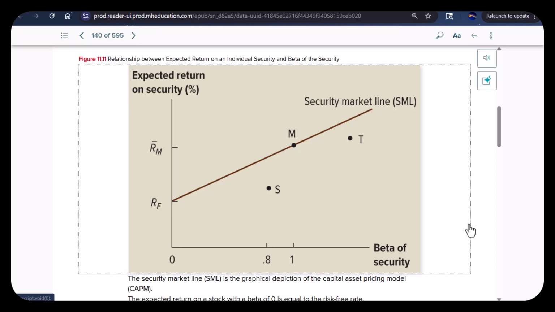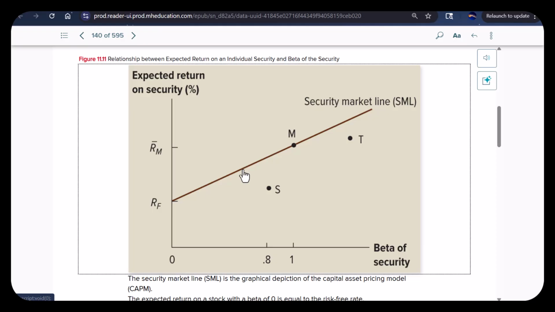Going back to that example where market risk premium is 5% and risk-free rate is 4%. If you have a beta of 0.8, your expected return should be 4 plus 4, 8.